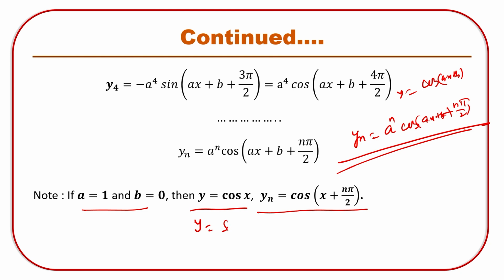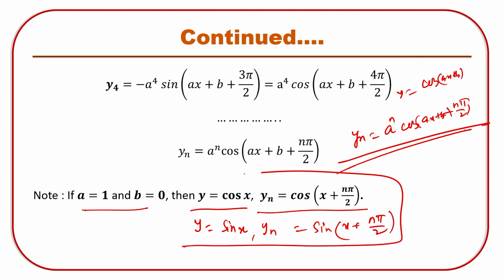And we had seen in the previous result that if y equal to sin x, yn becomes sin(x + nπ/2). So both results are very similar and very close to each other. The approach is on a very similar line.